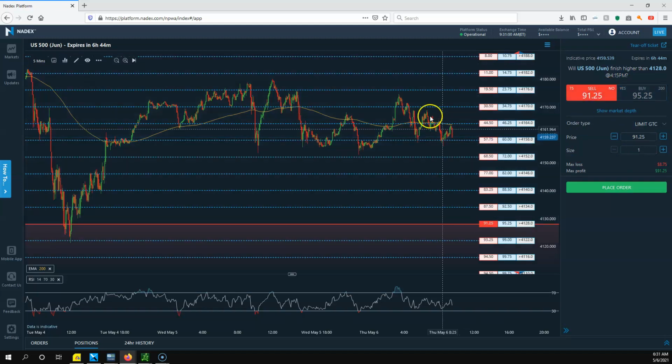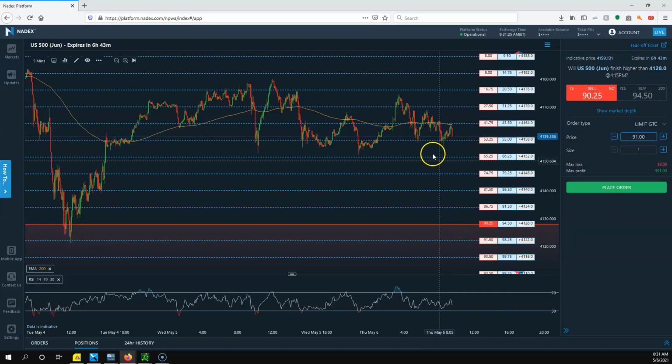Now, I could sell this if I think we're falling. If I think, hey, we're going to break this trend line and we're in a downtrend and this is going to fall apart, I could come over and buy this 4130 level for, we'll say, $9. We have $9 of risk to make 91 if we're correct by the end of the day.